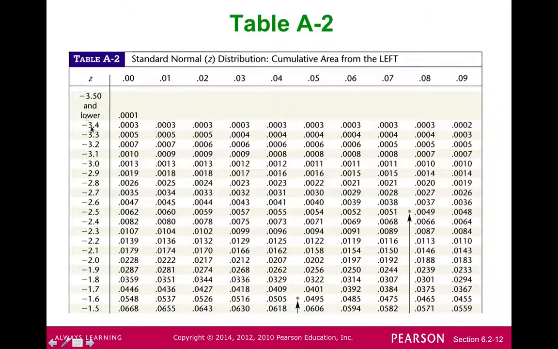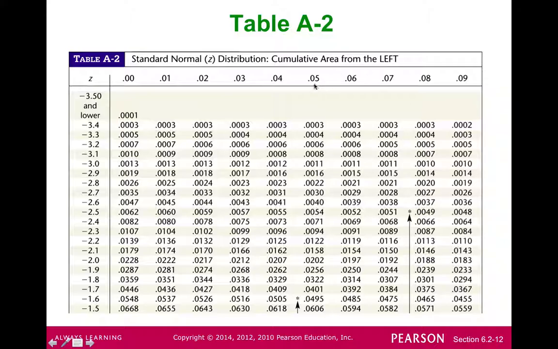So your first number and your first decimal place will be here along the left and heading down. So this is your tenths place. And along the top will be your hundredths place. So, for instance, you would read negative 3.45 as negative 3.4, then we'd come over to negative 3.45.